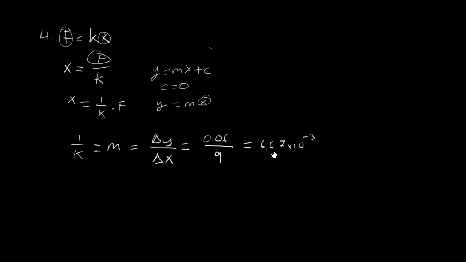So that's 1 over k, but they're asking me for k, the stiffness constant, so therefore k is the reciprocal of that, which is that answer to the power of -1. When doing that to the power of -1, I get 149.99 etc.